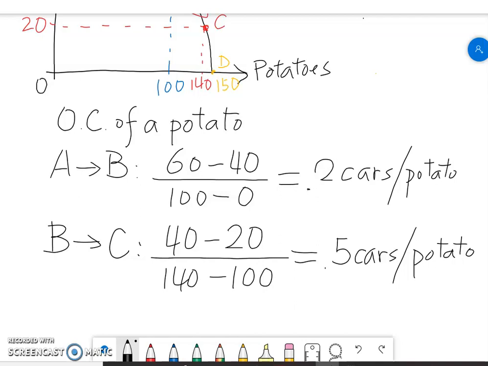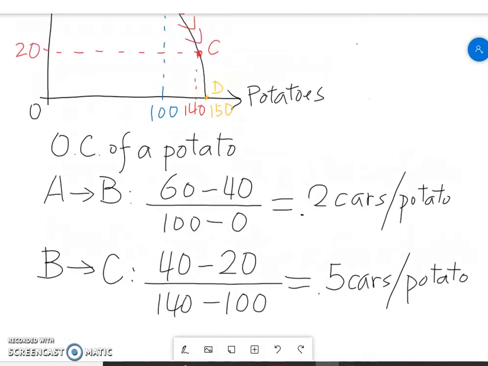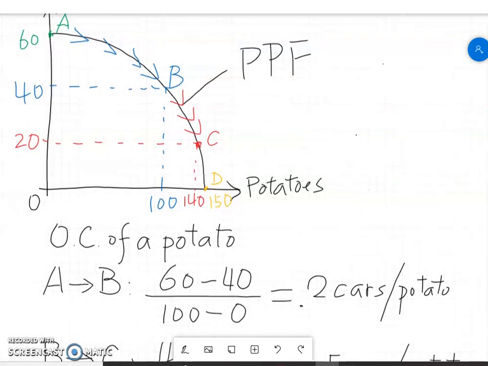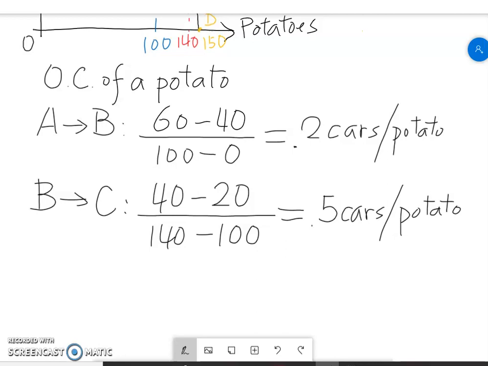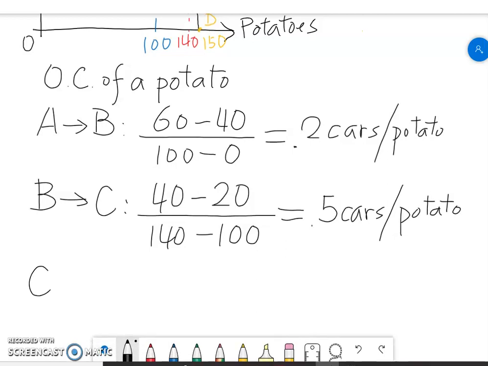All right. Now let's do one more. The economy decides to continue to move all the way down to D. So from C to D, what will be the opportunity cost of a potato? Now we find that the economy from C to D gives up 20 cars.